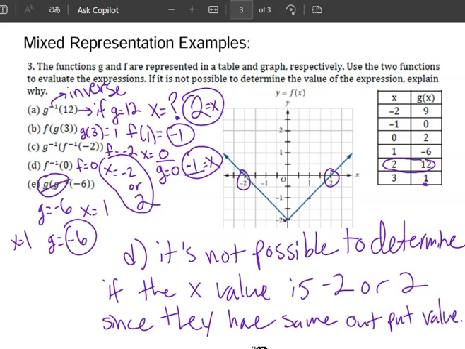When that occurs, what you need to do to find an inverse function is to restrict the domain so that there's only going to be one output for each of the inputs. Basically, it's going to pass the horizontal line test in addition to the vertical line test.